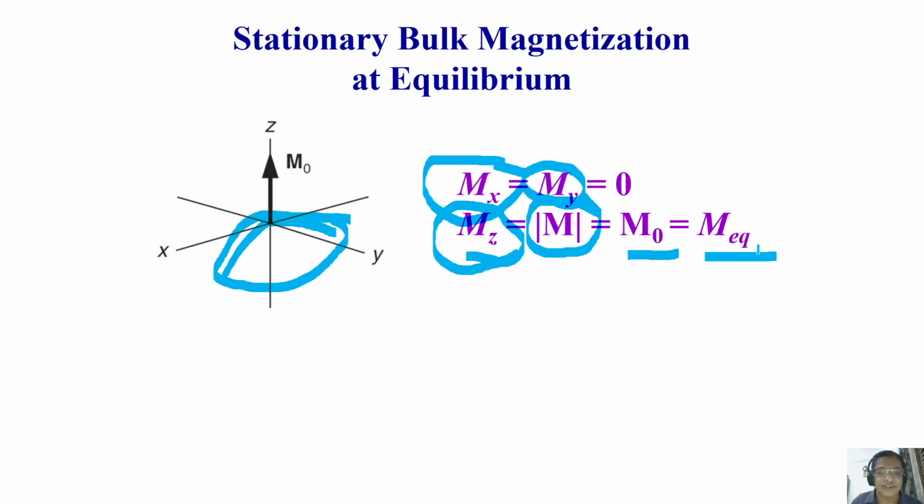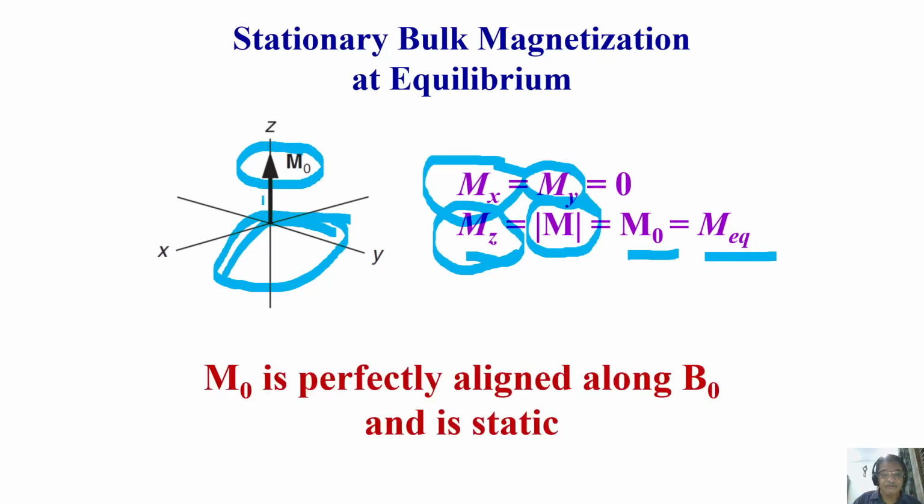So the bulk magnetization is called Mz, or equilibrium magnetization M0, or sometimes Meq. Meq or M0 or Mz doesn't matter, all are the same. One point you must remember: even in thermal equilibrium, this bulk magnetization is static and perfectly aligned along the z-axis.